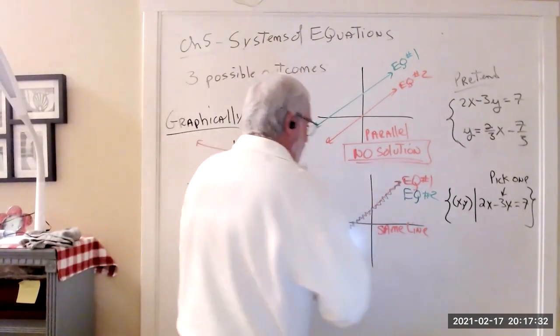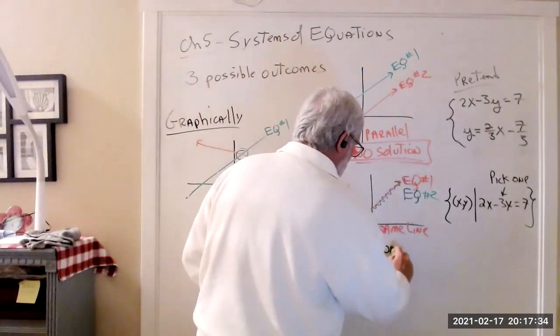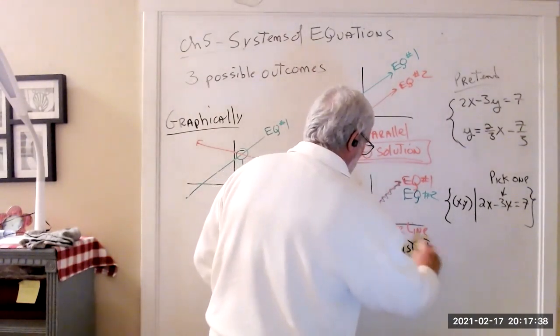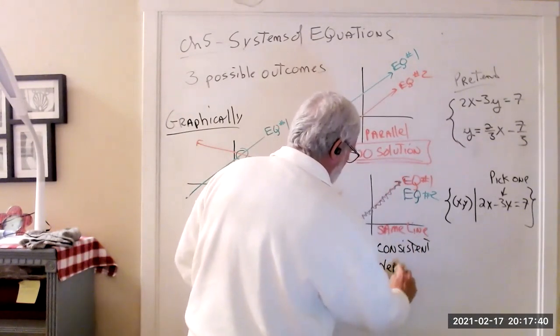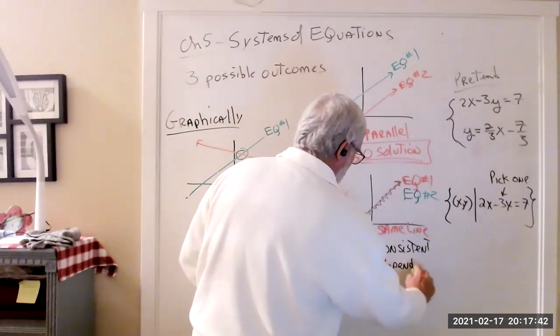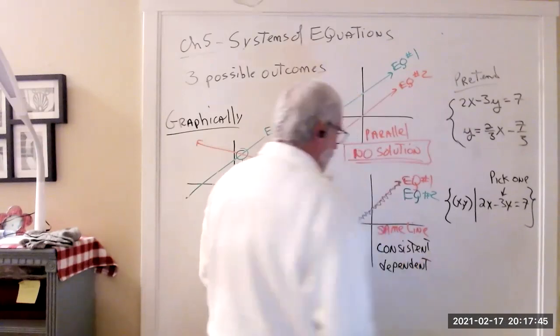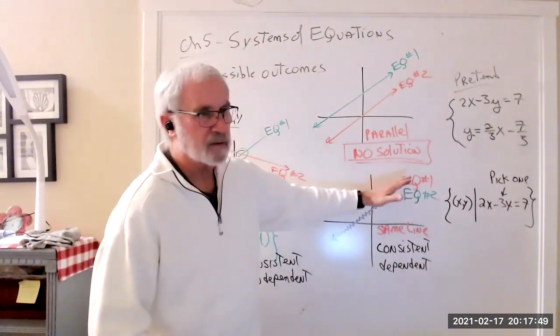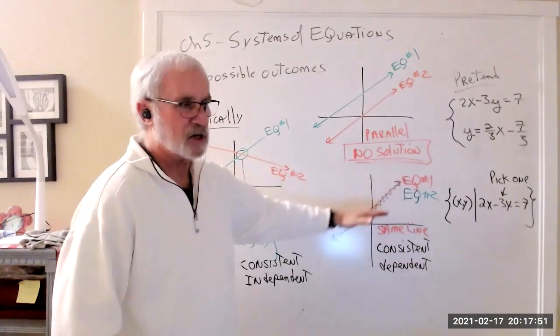This problem is called consistent and dependent. This is where they cross an infinite number of times because they're on top of each other because they're the same line.